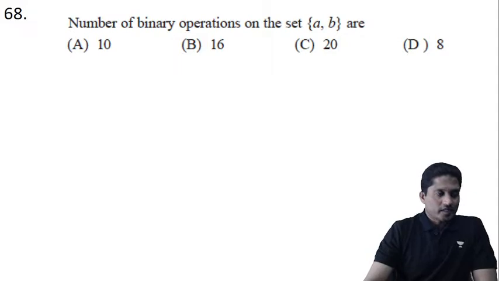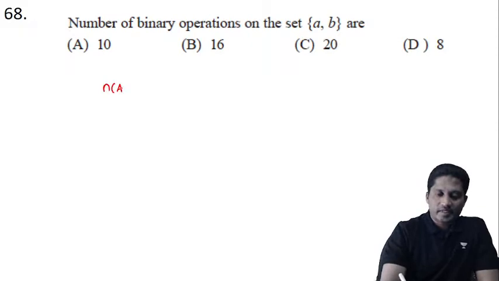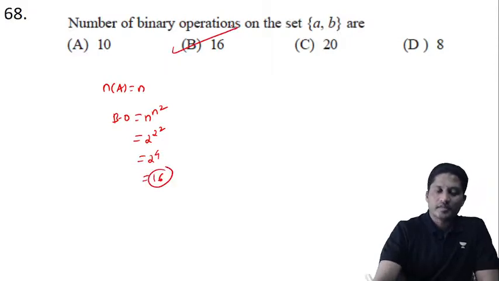Number of binary operations: if a set A contains n elements, the total number of binary operations is n to the power n square, that is 2 to the power of 2 square, 2 power 4, which is equal to 16. Answer is option B.